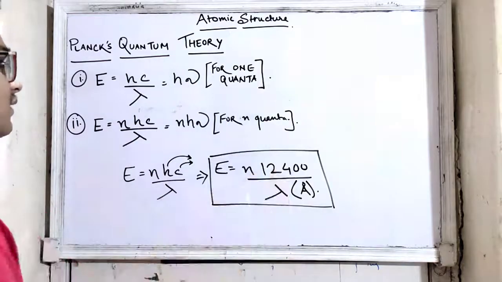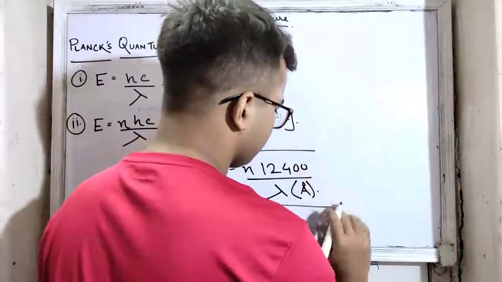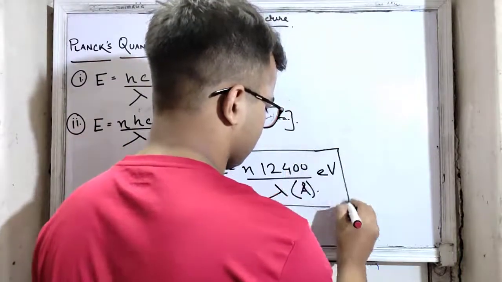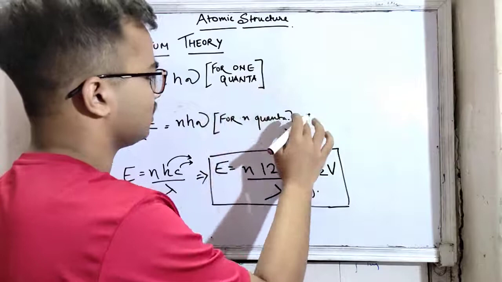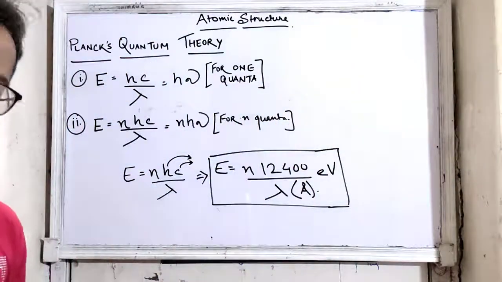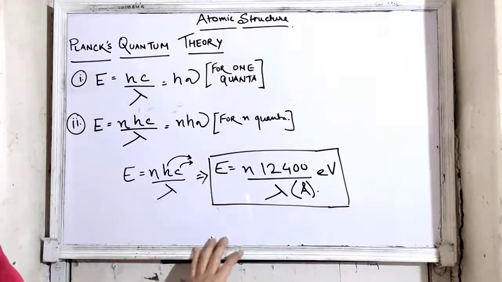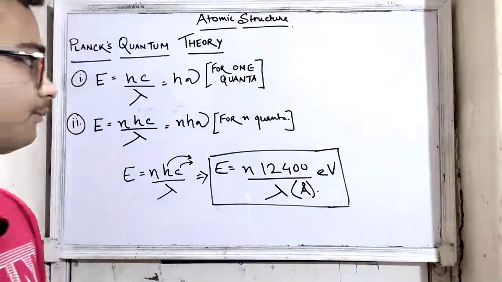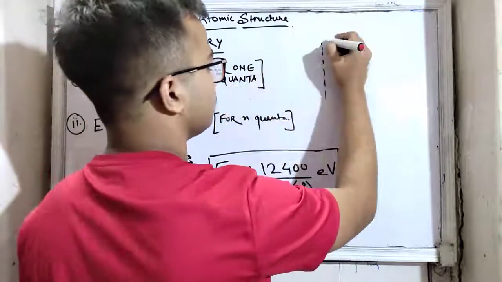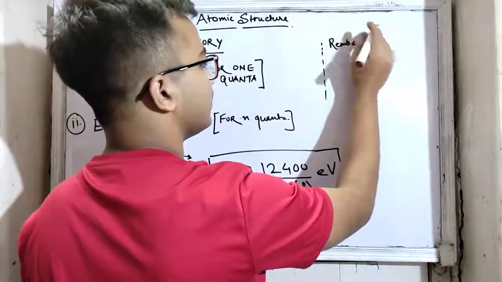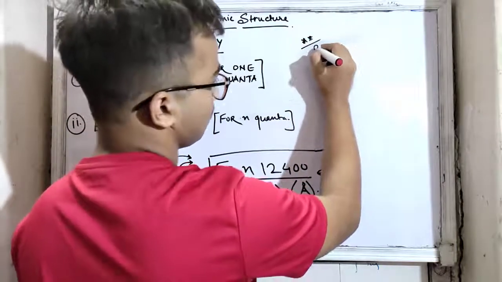Now in all the cases the energy is measured in electron volt. So let's write here electron volt. It can be in electron volt also, it can be in joules also, but this formula is only applicable for electron volts. I give you a relation between joule and electron volt.